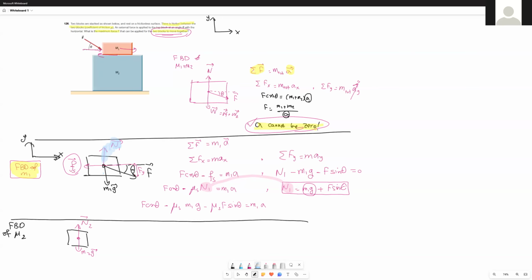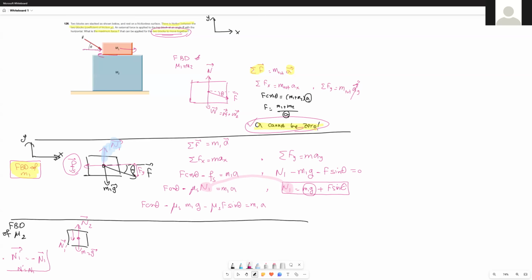M2 provides the surface, and M2 applies that N1. Therefore, based on Newton's third law of motion, there is going to be a reaction N1 prime on M2. And this N1 prime as a vector is going to be negative of N1. And their magnitudes, of course, are going to be the same.